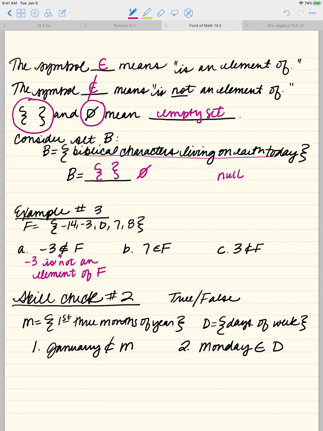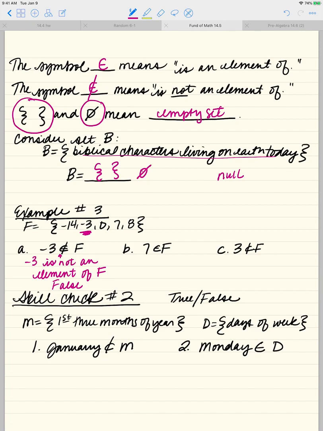Well, yes, it is. So -3 is an element of F. Would this statement, -3 is not an element of F, be true or false? That would be false, because -3 definitely is an element of F. I see it. It's right here.